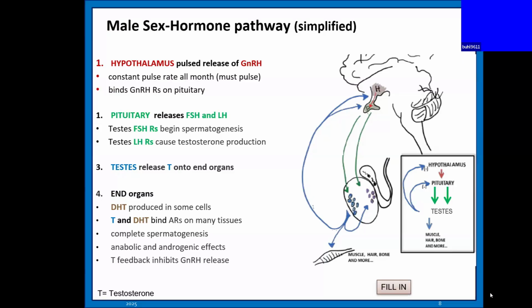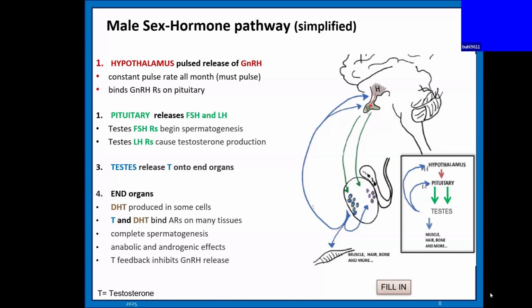At those end organs, you're finishing the spermatogenesis that had begun. Just testosterone and DHT themselves are also having those anabolic androgenic effects. And your testosterone does that negative feedback. So GnRH pulsing causes FSH and LH. LH causes testosterone.